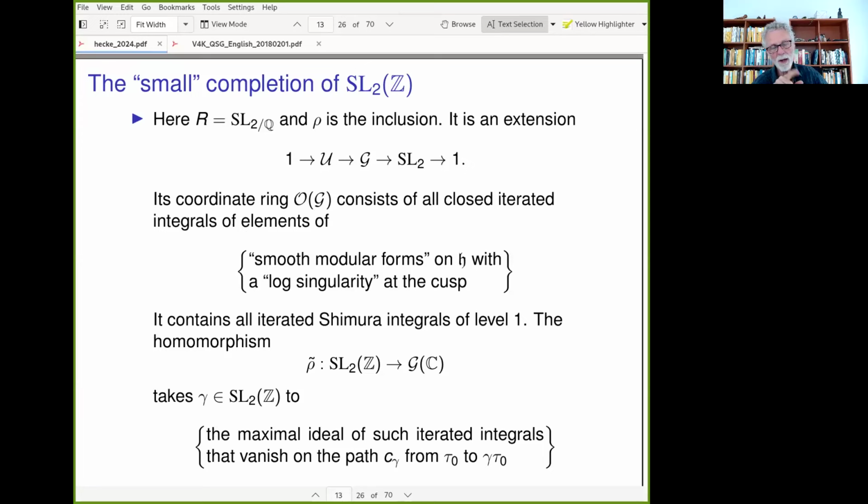The H upper one is the direct sum over all n of H1 of SL2Z with coefficients in S2n H, the 2nth symmetric power of the standard representation of SL2, tensored with the same representation, S2n of H. And you sum over all n.